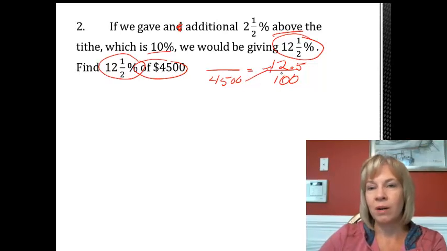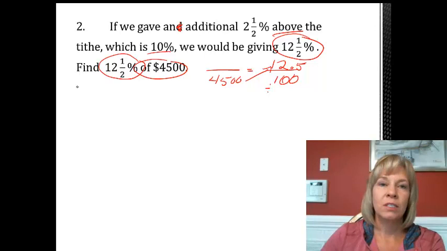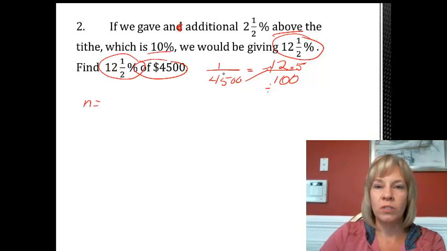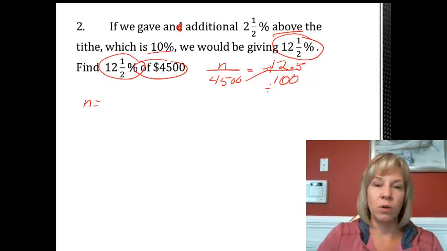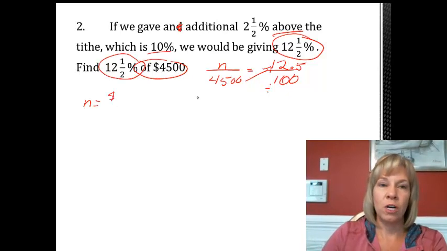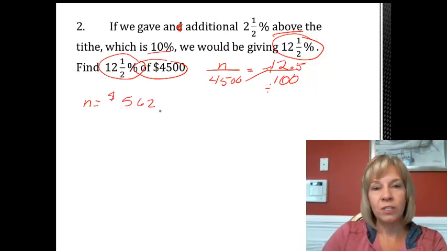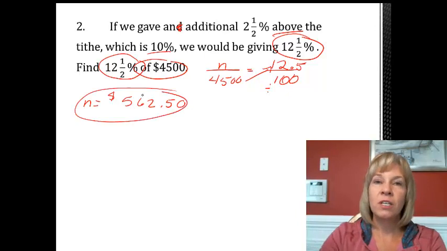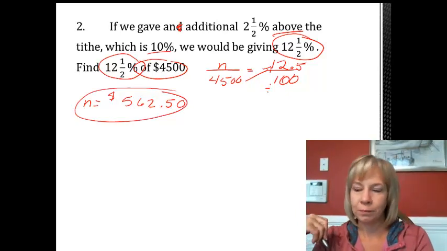Multiply bottom to top, the two numbers that you have, and then divide by your 100. So n equals, let's put our variable in there, n equals, and your dollar amount, you get 562.5. But make sure you put a 0 on here so that it's in the correct form of money.